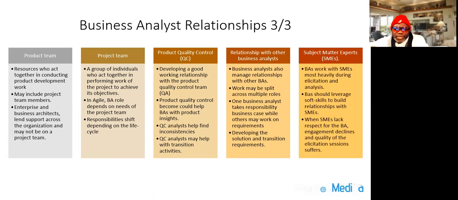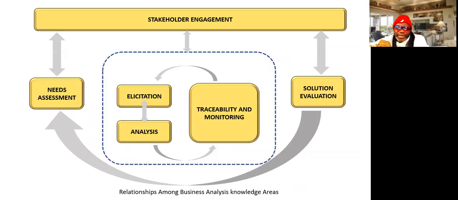I want to jump really quickly into the 6 knowledge areas of business analysis and the process groups. So this is going to go very quick. We have 6: stakeholder engagement, needs assessment, elicitation, analysis, traceability and monitoring, and solution evaluation.